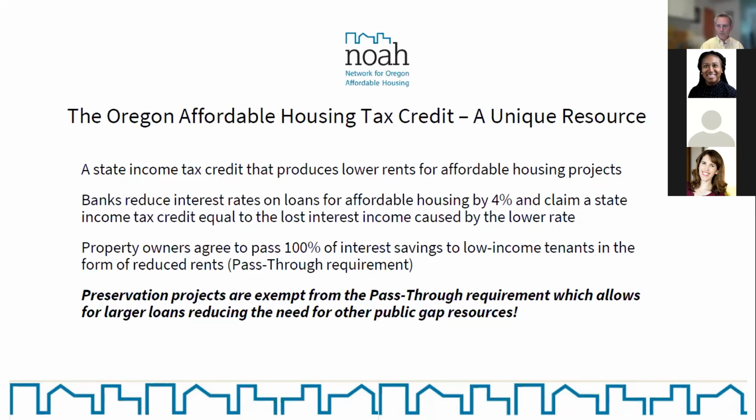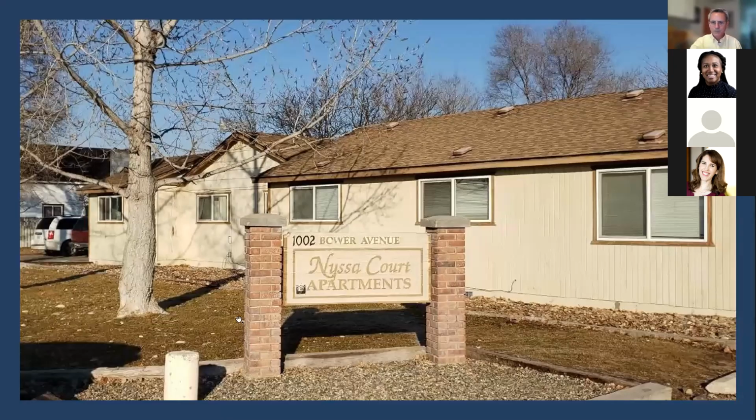And whenever I'm talking to a developer, if they're considering doing a preservation project, I always tell them, if you don't use the affordable housing tax credit, you're leaving resources on the table. So that's that. And we'll see an example of how that impacts a project here in a minute. So next slide, please.